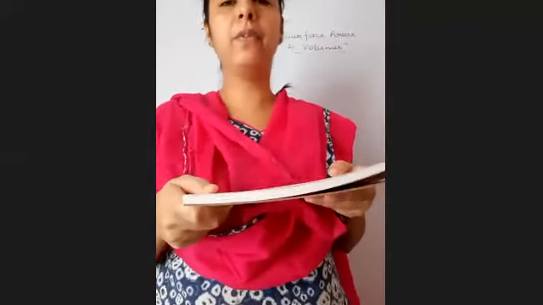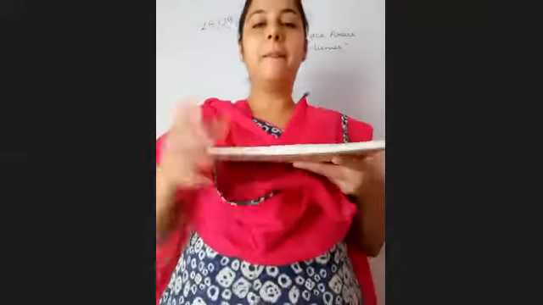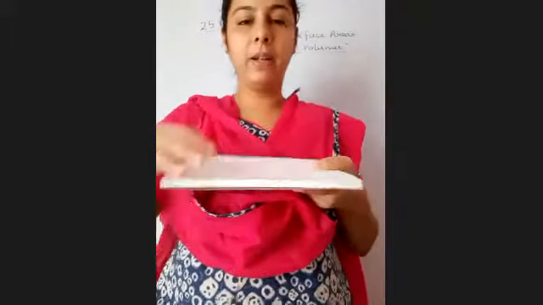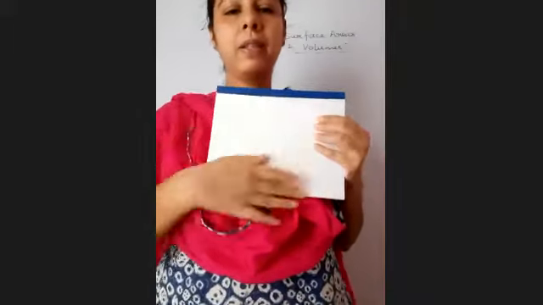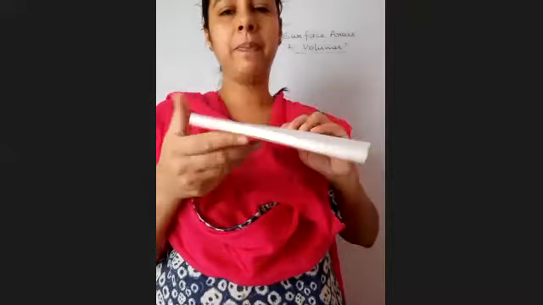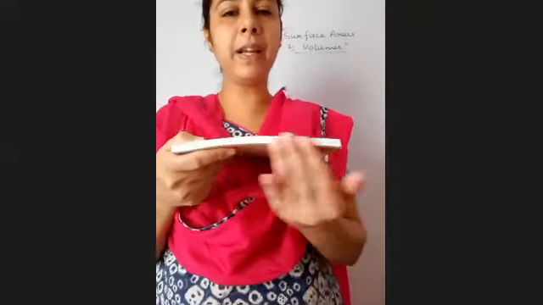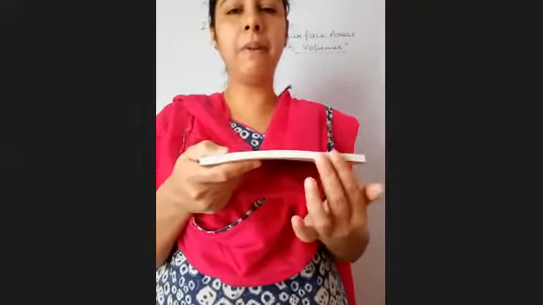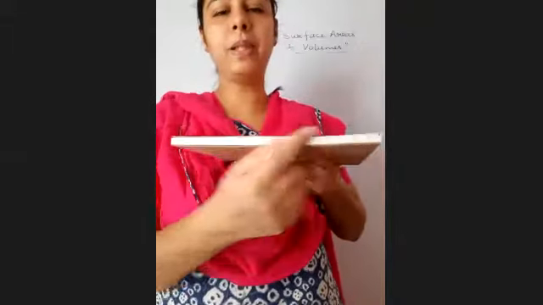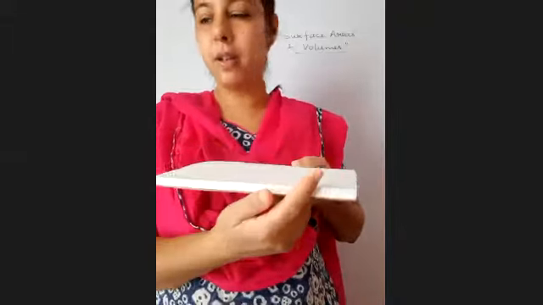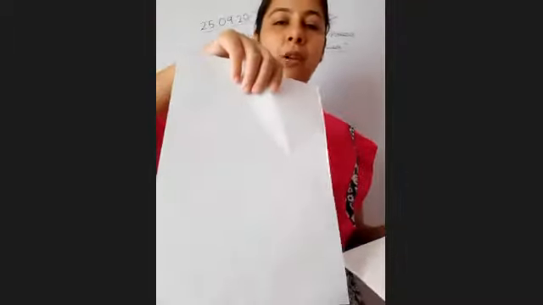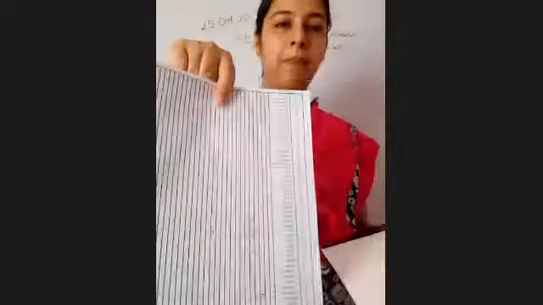Do we still call it a rectangle? Cuboid. If I look from here, this is length and breadth. If I look from this side, it is another dimension. From this side, the dimension is different. Whereas in the case of the sheet, there were just two sides. If I look from here or this side, it was the same.